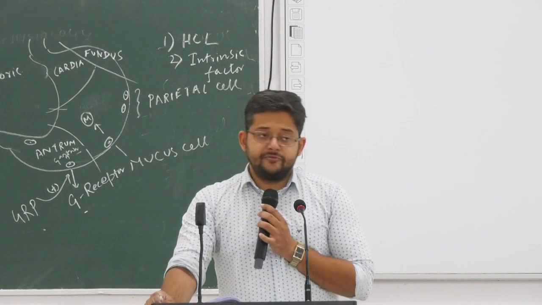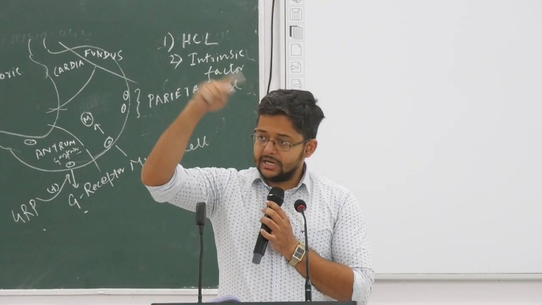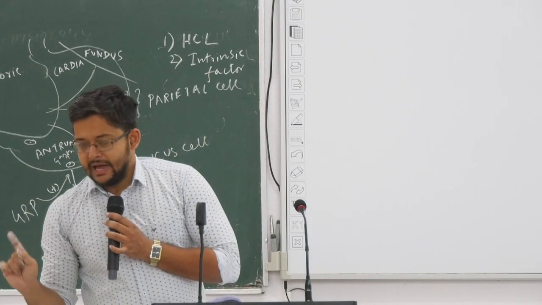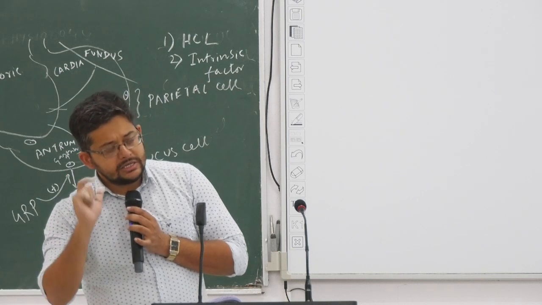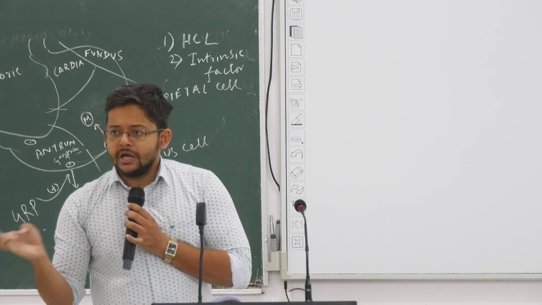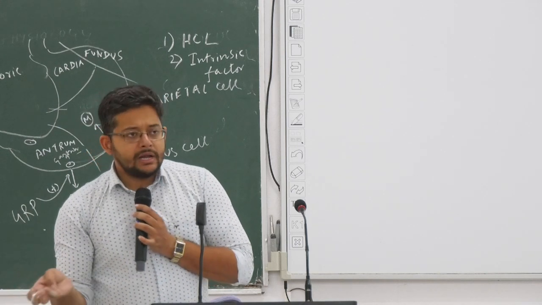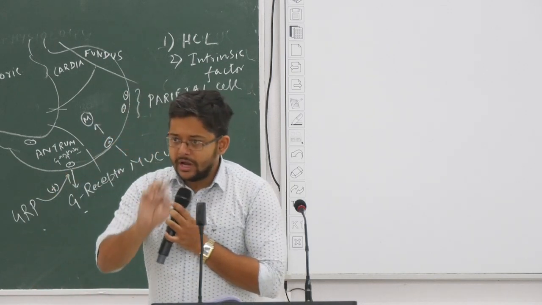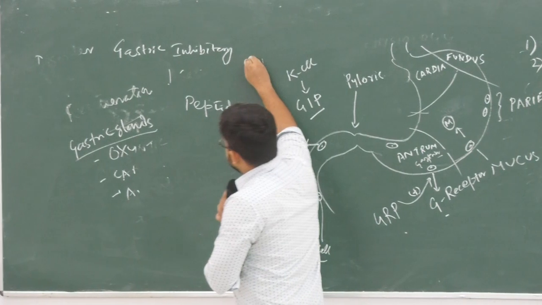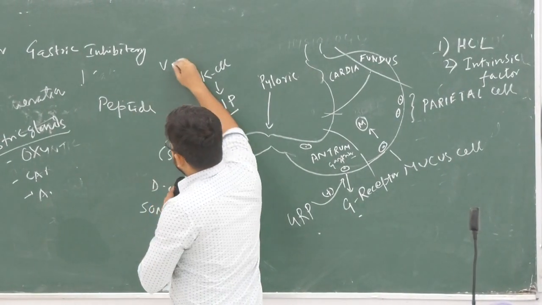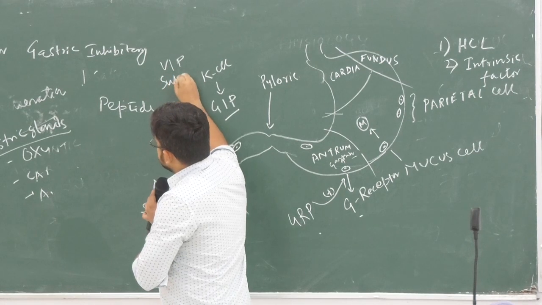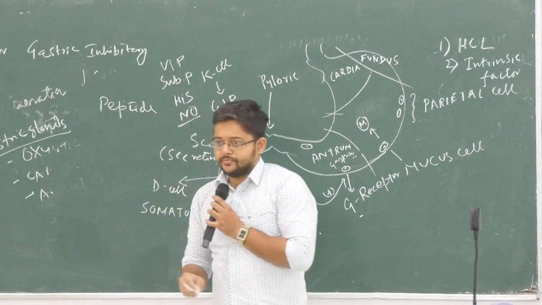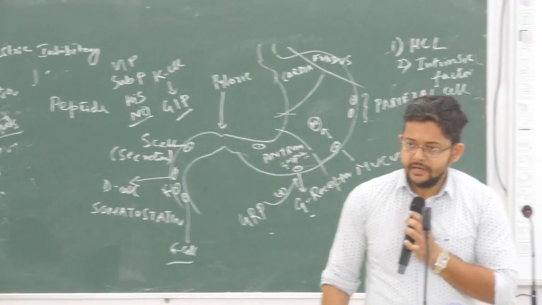The local system is the enteric nervous system. Refer again to that picture: there is the Auerbach plexus and the Meissner plexus, and each of them individually secretes a number of neurotransmitters. You can have VIP, histamine, ACH, substance P, and NO (nitric oxide). I am writing a few of them: the local nervous system secretes VIP, substance P, histamine, nitric oxide.